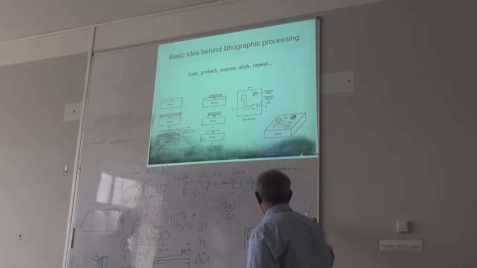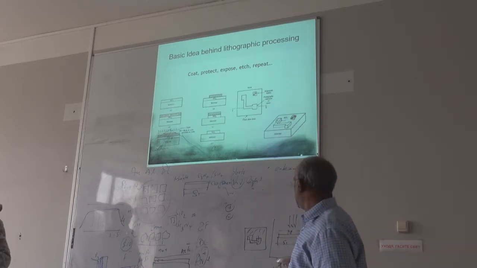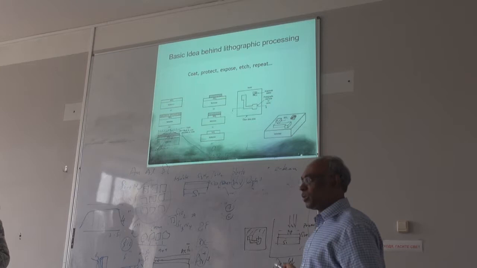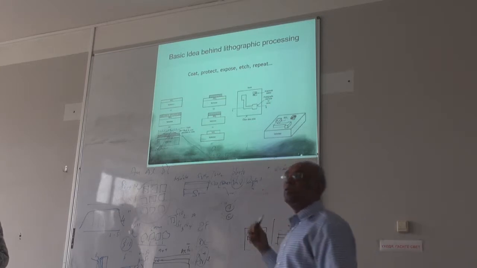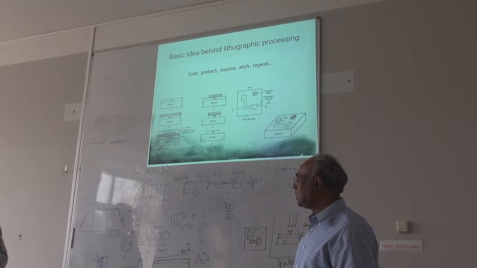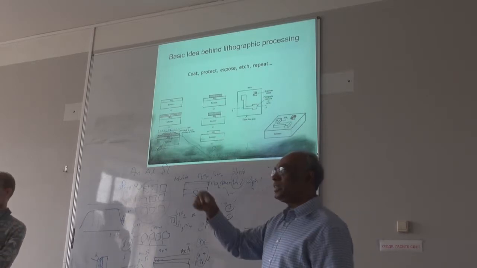When you remove your mask, this part is already exposed, so only this part gets removed, right? So this is the negative photoresist in this example. So this is called the developing. Is that clear? Yes.